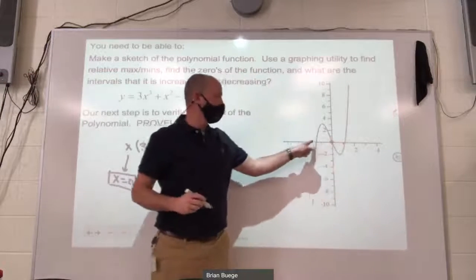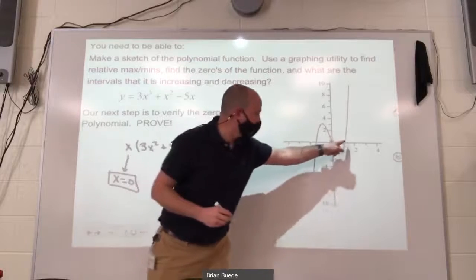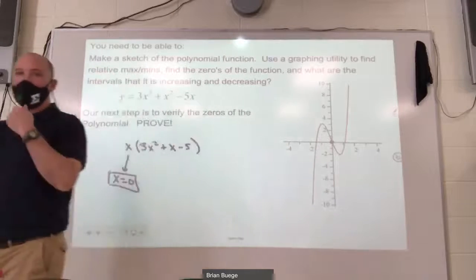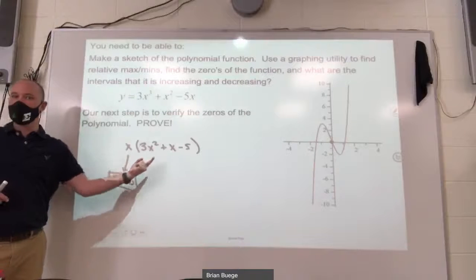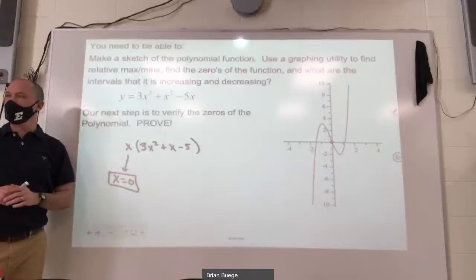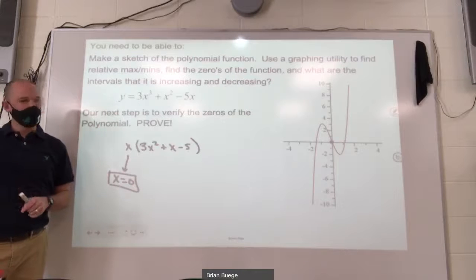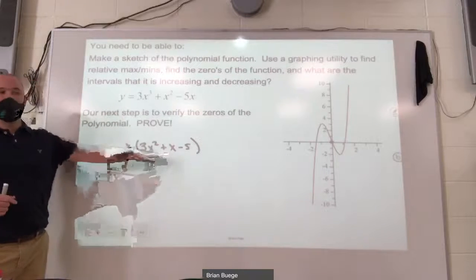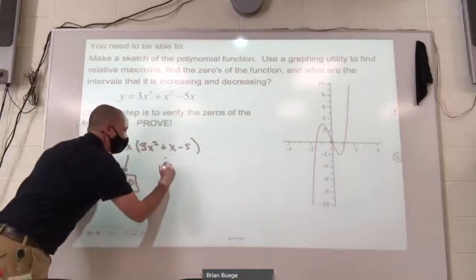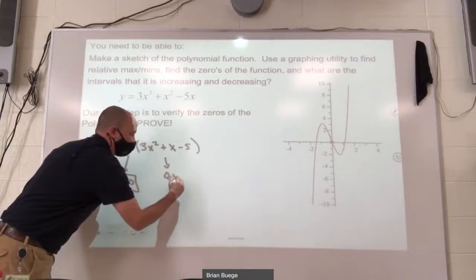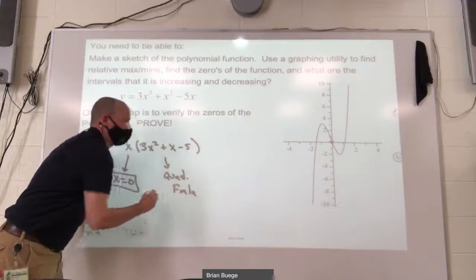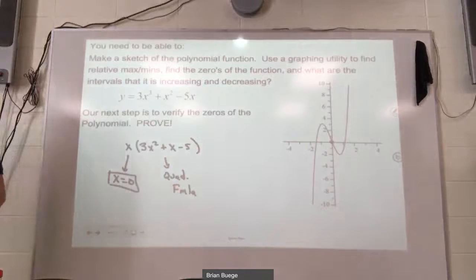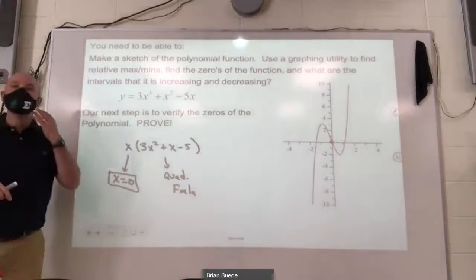But if you take a look at the other two, they're real answers, but they don't look like they're very nice. They don't cross at some nice whole number. How am I going to find the other two from this quadratic factor? I'm not going to do it on this one, but how would I? Quadratic formula. Yep. You can try to factor. Ultimately, this would be a quadratic formula problem. Here's one of the key points, one of the key parts about this.